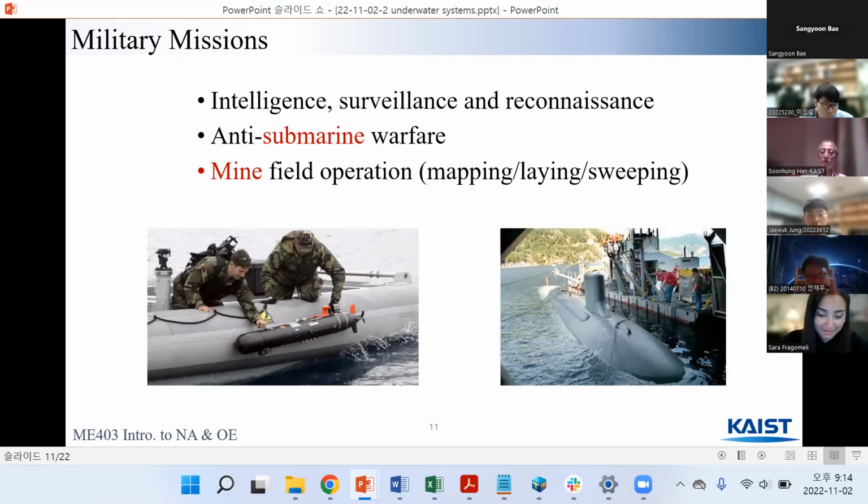That means you need mapping, laying, and sweeping of mines. That can be good work for unmanned vehicles because it's dangerous for a military mission, as we discussed before.